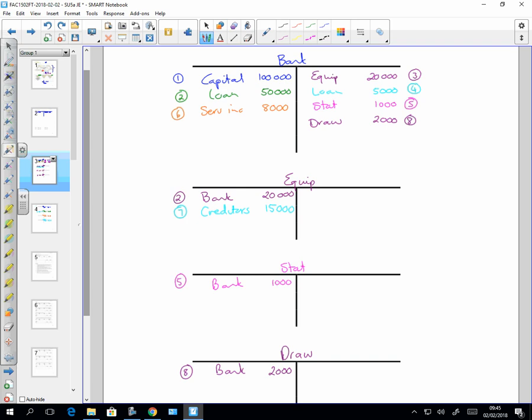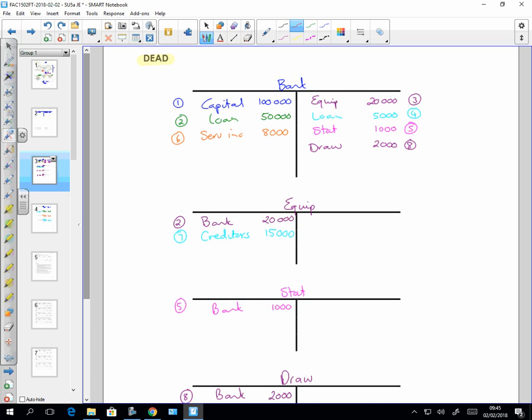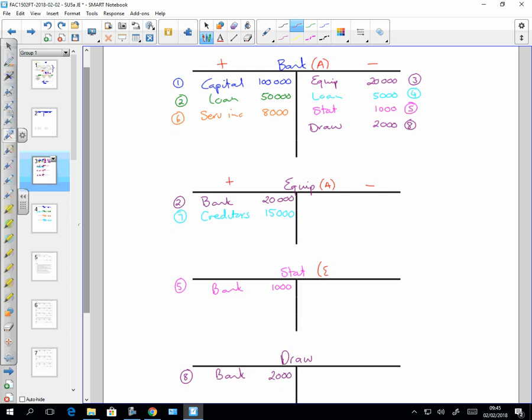All right, let's quickly go and classify those accounts. Bank is an asset. Can you see it got bigger on the left and smaller on the right? Money came in on the left, money went down on the right. Equipment is also an asset. More equipment, and if I had to sell it, it would go on the other side. Stationery is an expense.